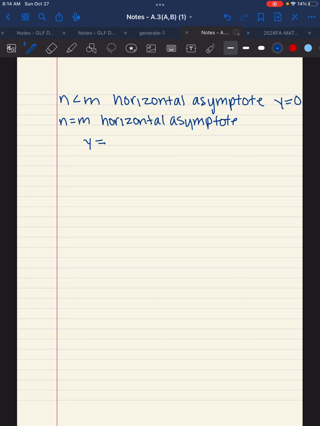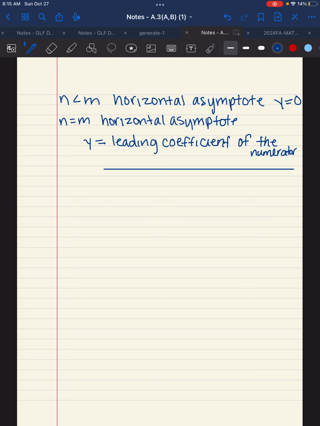It's going to be y equals the leading coefficient of the numerator divided by the leading coefficient of the denominator.